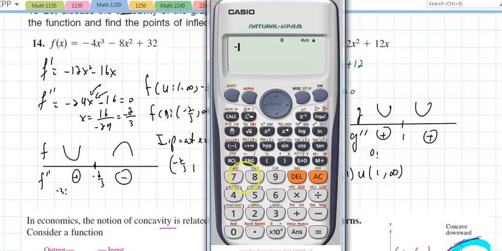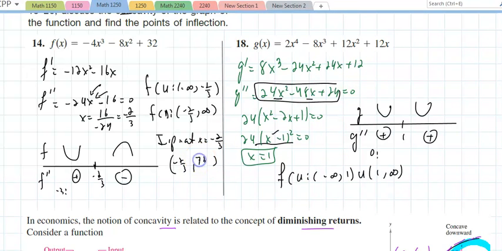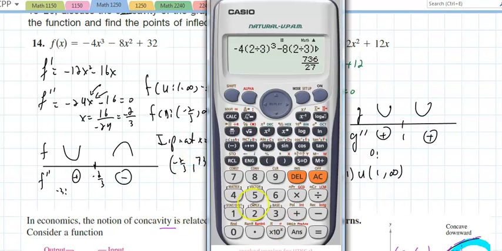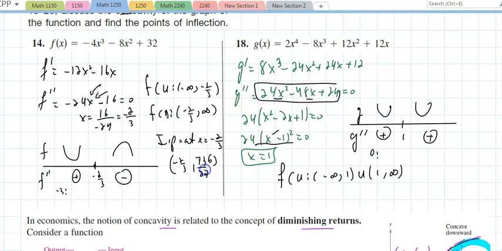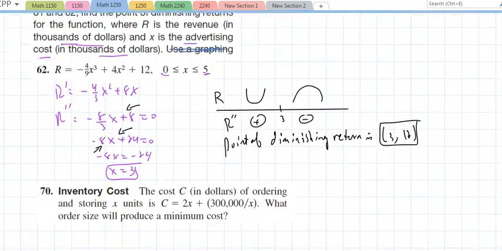I could take negative 4 times 2/3 raised to the third power minus 8 times negative 2/3, but you're squaring it, so it doesn't matter. Oops. 2/3 squared plus 32, and that will give me a fraction of 736 over 27. Okay, well, with a calculator, that's not that bad.